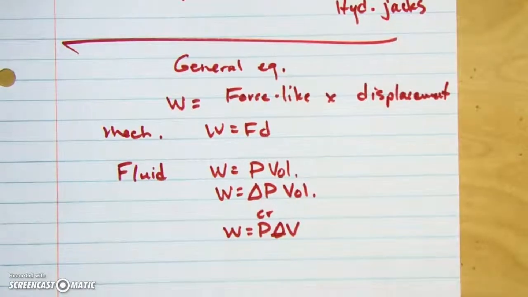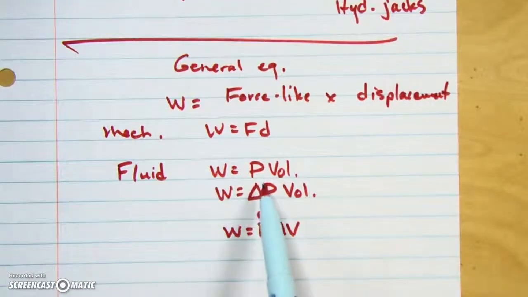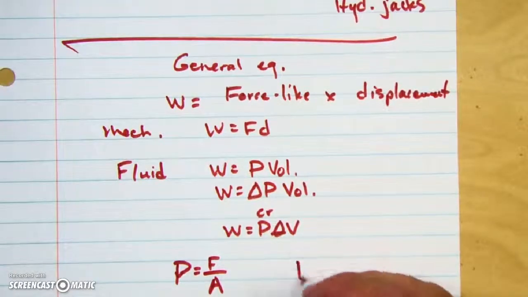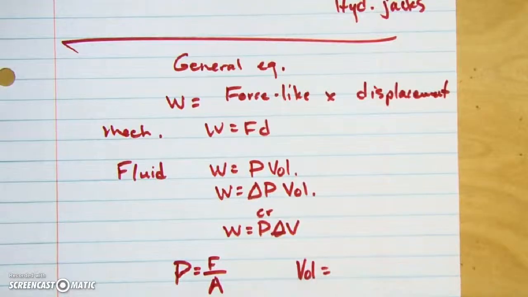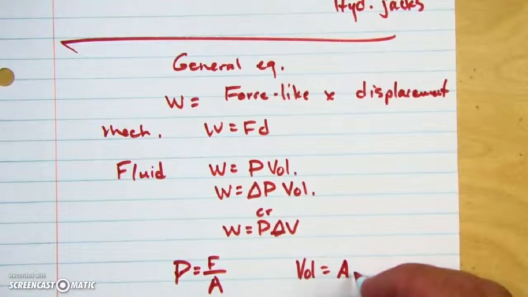And we'll do a lab that actually involves each one of those. Now, let's quickly play with this equation. Work is equal to force times distance, and I'm going to show you they're actually the same equation. If you think about it, pressure is equal to force over area. We know that from earlier. Well, volume is nothing more than area times height, but instead of height, I'm going to write distance.